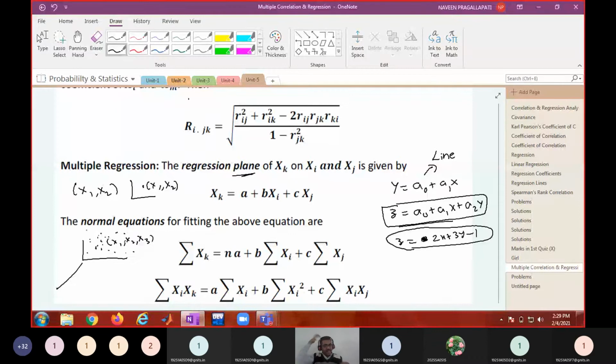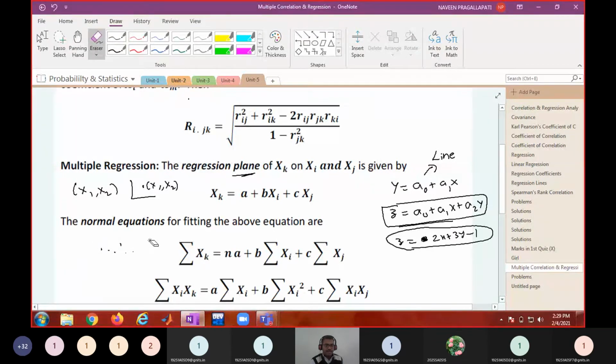If the data is following a linear fashion like this, you may think of fitting a regression plane which is as close as possible to the data points, and the procedure is similar to that of two-dimensional. How we minimized the sum of squares of the differences between the observed data and the expected data, in a similar way you will do, and you will arrive at the normal equations like this.